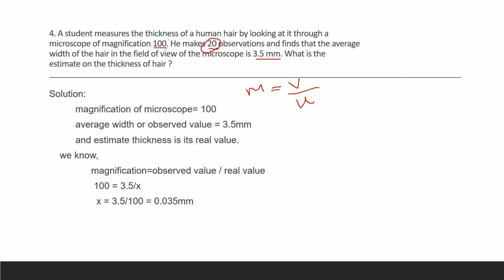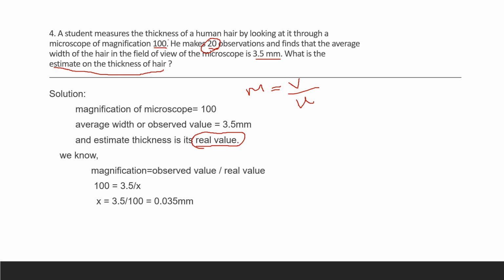They have told us to find the estimate of the thickness of hair. This is nothing but we have to find the real value. Estimate means actual value, so the actual value you have to find out.